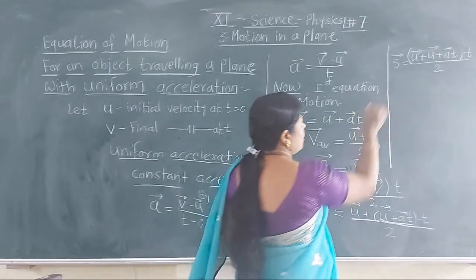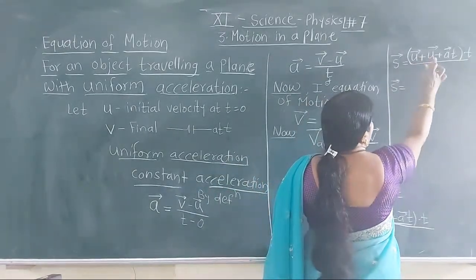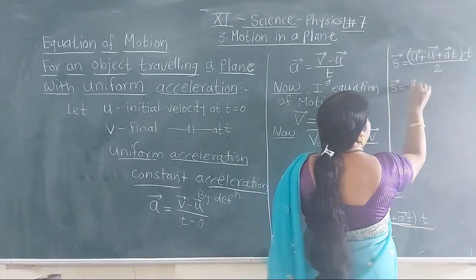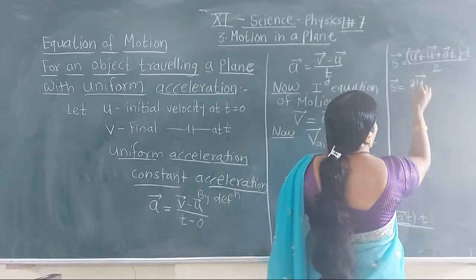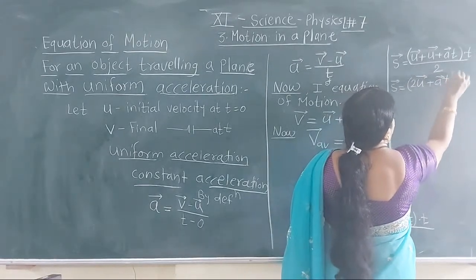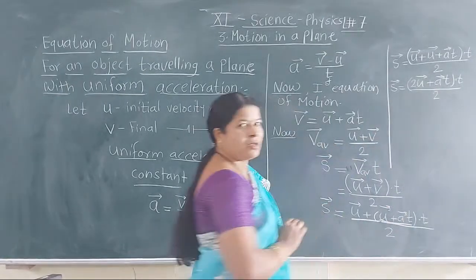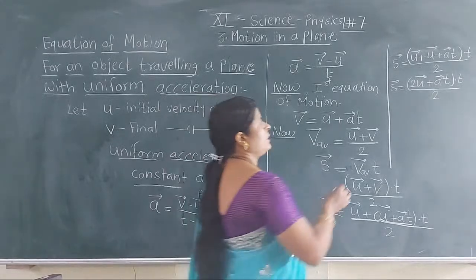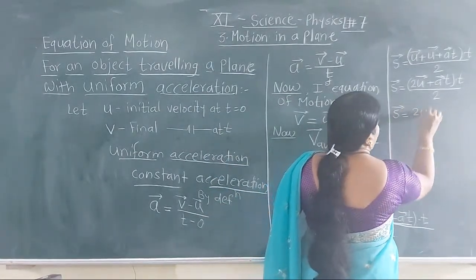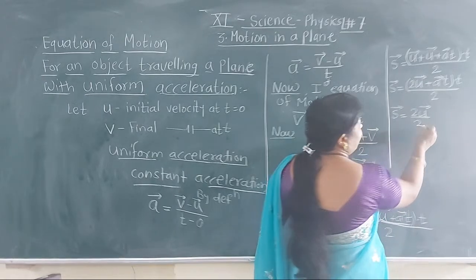That means twice vector u plus vector a into t, multiplied by t divided by 2. Therefore vector s is equal to twice vector u divided by 2.